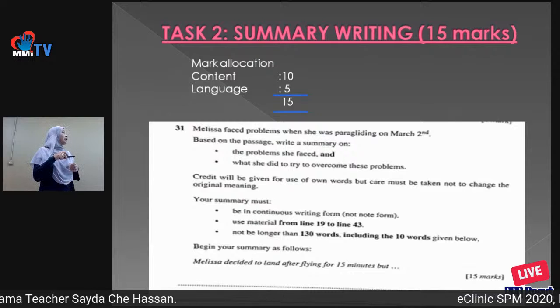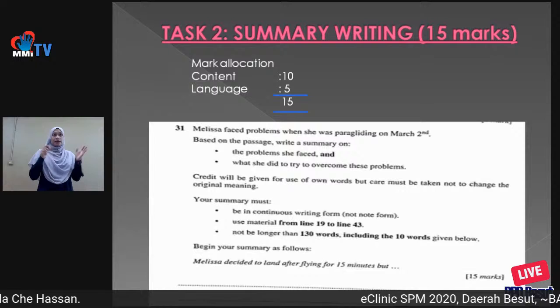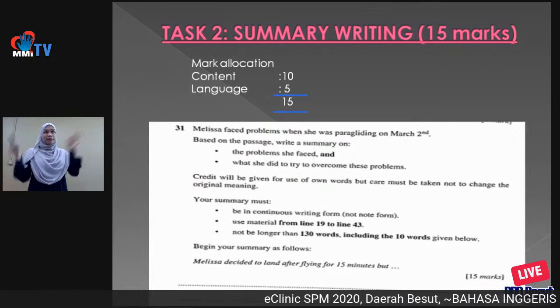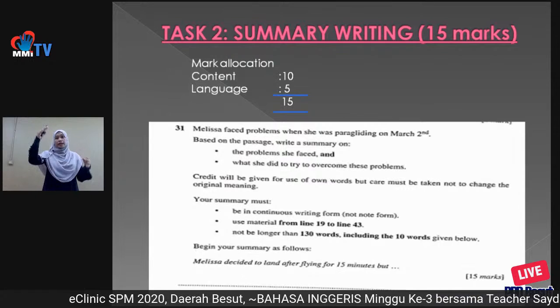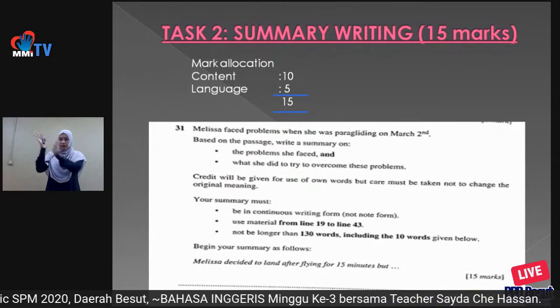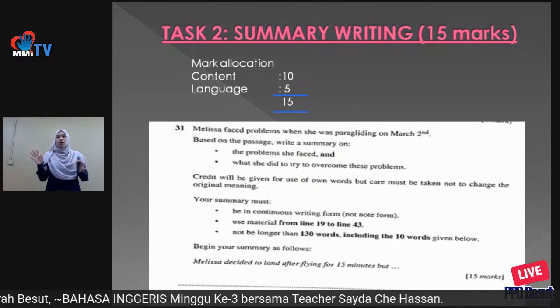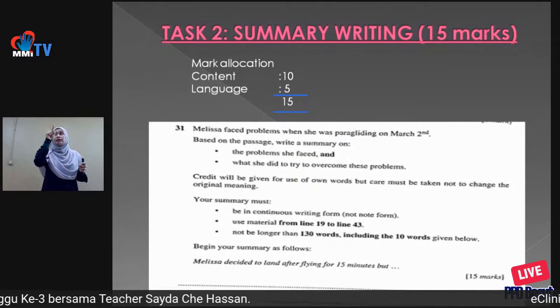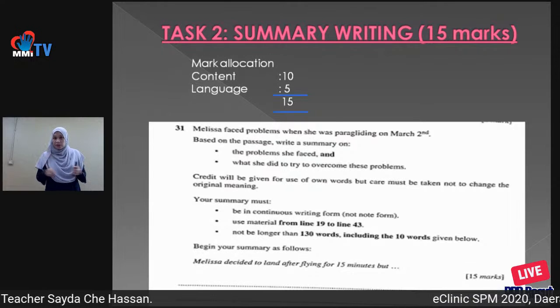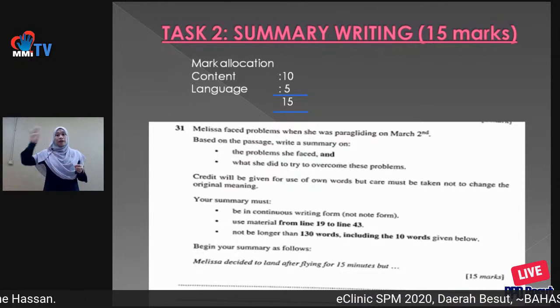Okay, here lah yang tadi yang saya cakap layout tu kan. Okay, dia bagi dah line berapa. So kalau dia tak tulis, for example lah dalam exam tu dia tak tulis 5, 10 yang kat tepi sebelah on your right tu, okay, so you have to come one by one lah dari atas 1, 2, 3 nak cari line 19 ni. Then nak cari line 43 pula. Okay, that's why it's already written there.